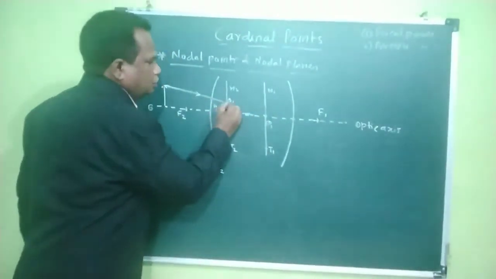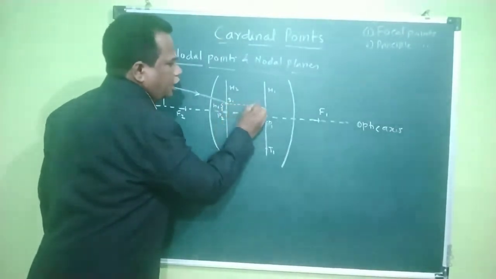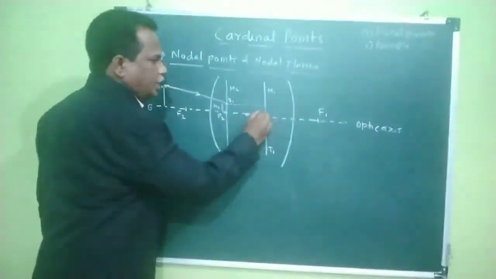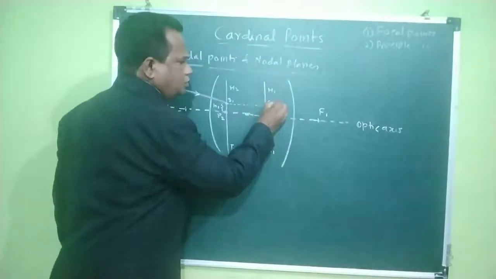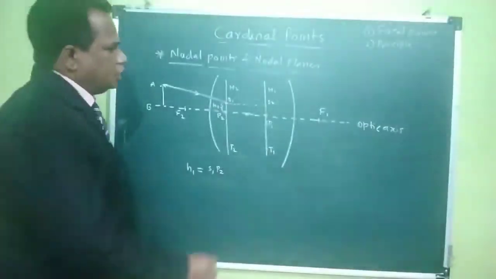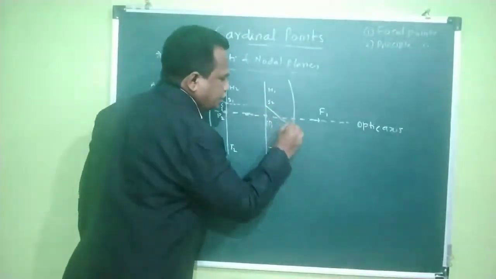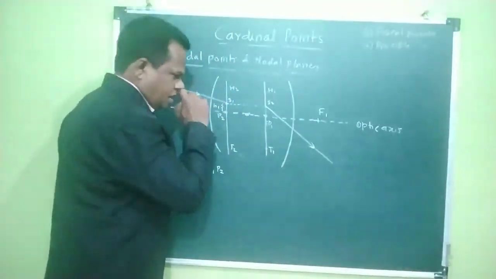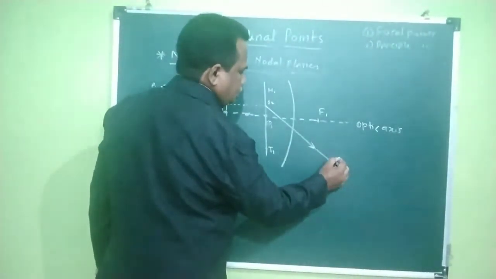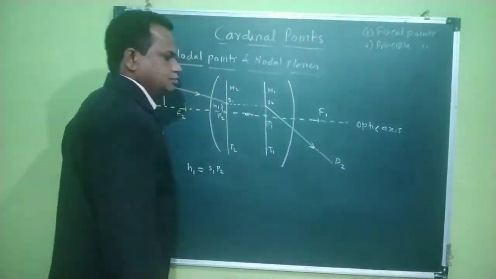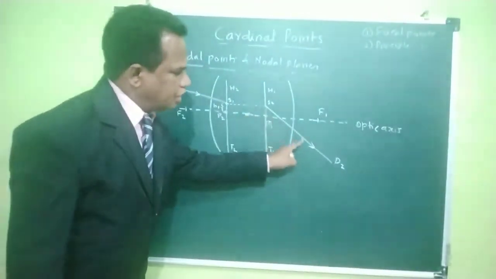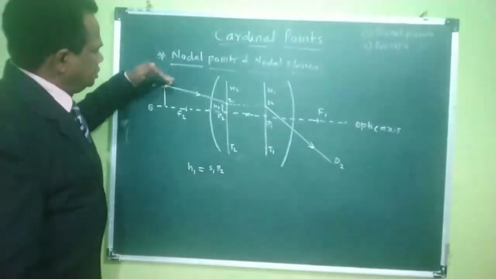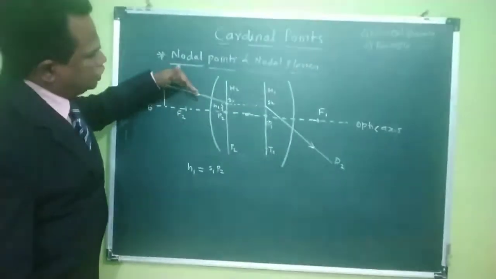So now you draw a parallel dotted line up to this point and name it S2. Then the ray will pass in this direction. This is the emergent ray, S2, and I will call the end D2. S2D2 is the emergent ray, which is exactly parallel to this axis.